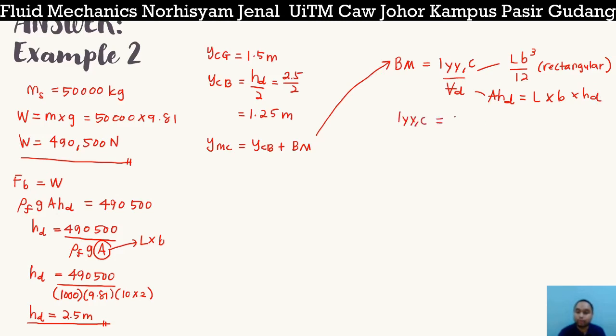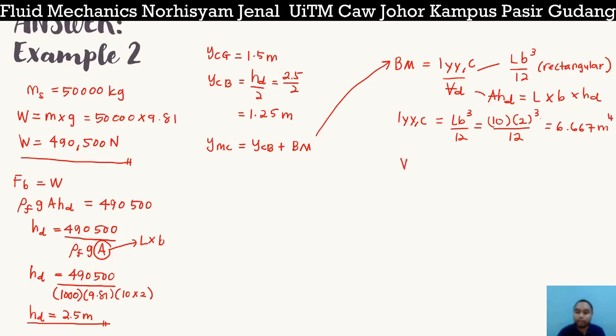Iyc is equal to LB cube over 12, which is 10 times 2 cube divided by 12. The answer is 6.667 meter to the power 4.